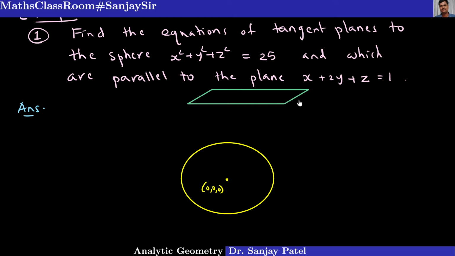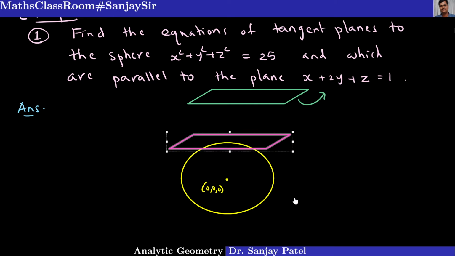This is the fixed plane. We want to find an equation of a plane which is parallel to this and touching the given sphere. So I want a plane which touches the sphere and remains parallel to this. Okay.